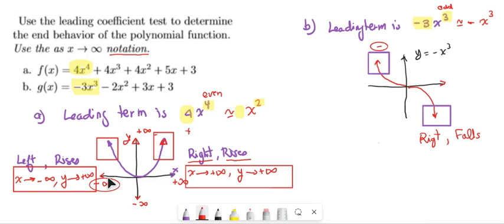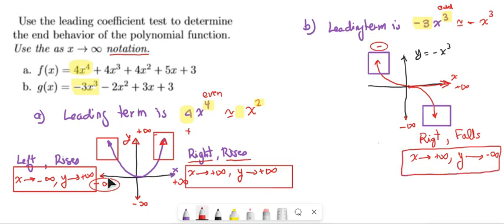If it is going to the right, the x-axis is heading to plus infinity, and if it is falling, the y is going to minus infinity. So this is one of the statements you are looking for: when x heads to plus infinity, the y's go toward minus infinity.